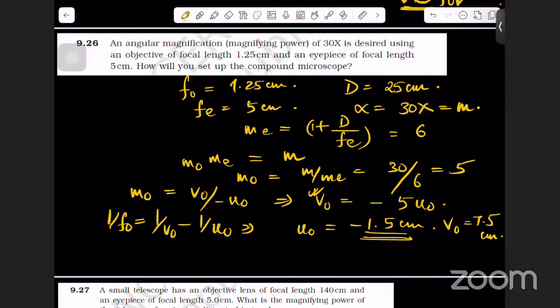Now for the eyepiece, the image should be formed at the near point, right? So ve is minus 25 centimeters, right? So from that, you find your ue as minus 4.17 centimeters.